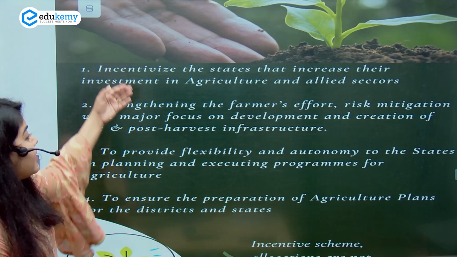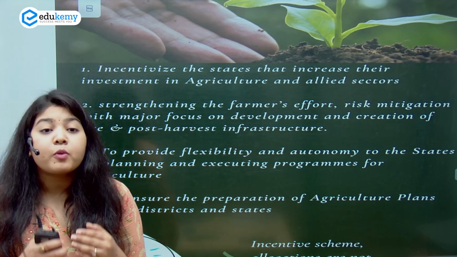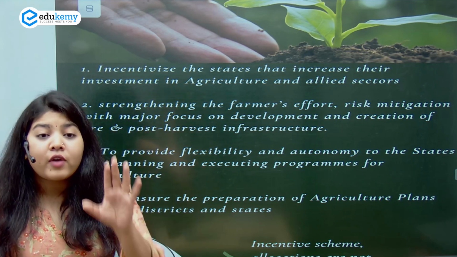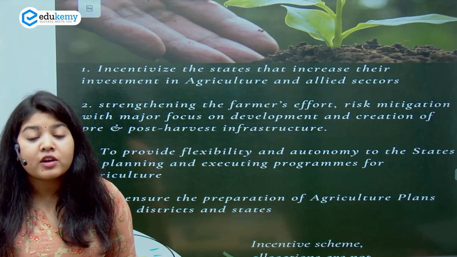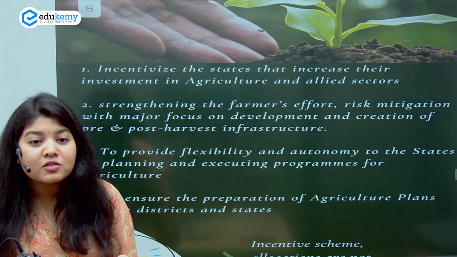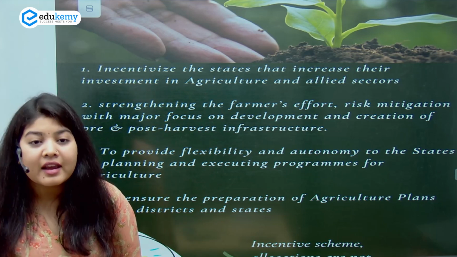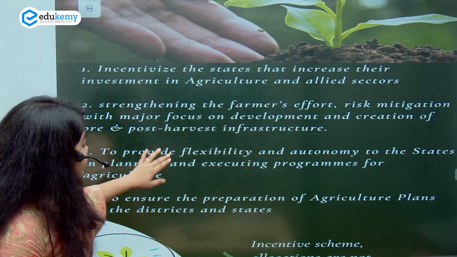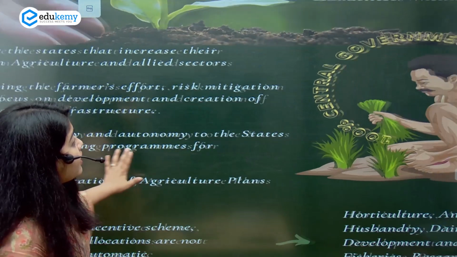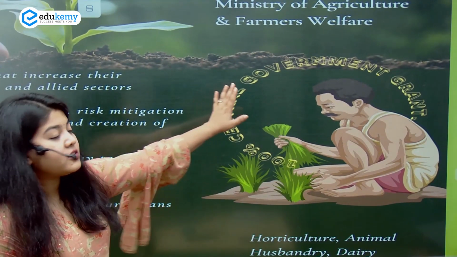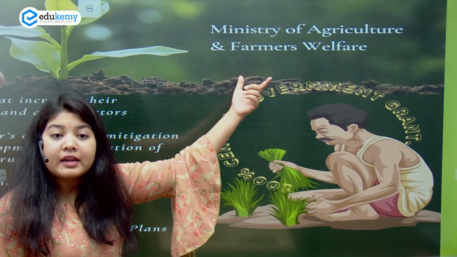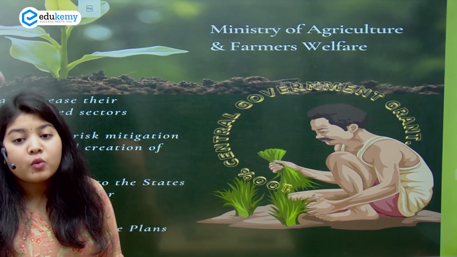So as I can see, this scheme is more about promoting better planning for risk mitigation, for providing pre- and post-harvest infrastructure, and it is like a bonus which the central government gives to different states based on their performance on these indicators. As I have told you, this is a 100% central government grant, and the ministry is the Ministry of Agriculture and Farmers Welfare.